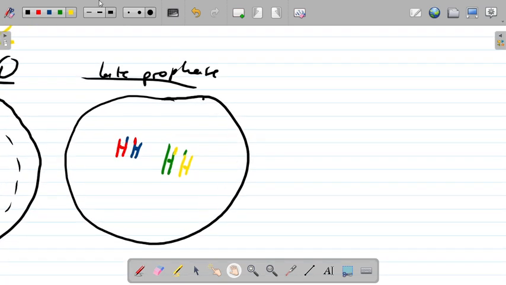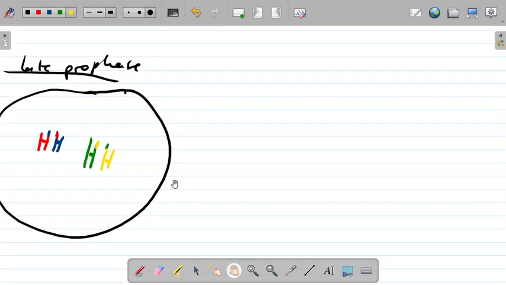And then this prepares us for what? It will prepare us for metaphase. Now, what happens during metaphase? That's what we need to look at. Let me see here. My pen is not working. Right.